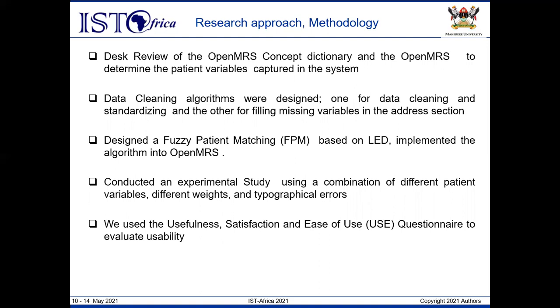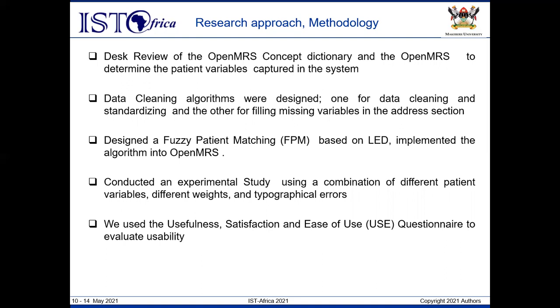The algorithm will pick the district and the village of the patient, and then check with the Uganda address reference registry to fill the missing variables within that address section. The reason it picks the district and the village is because there may be many villages with the same name belonging to different districts.